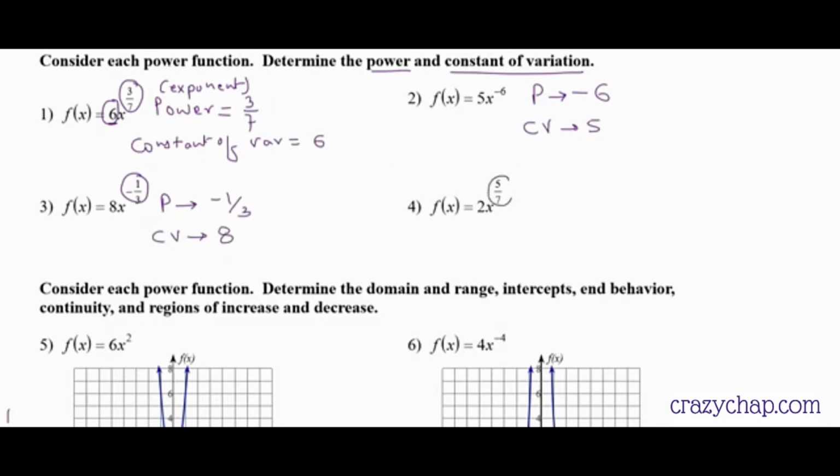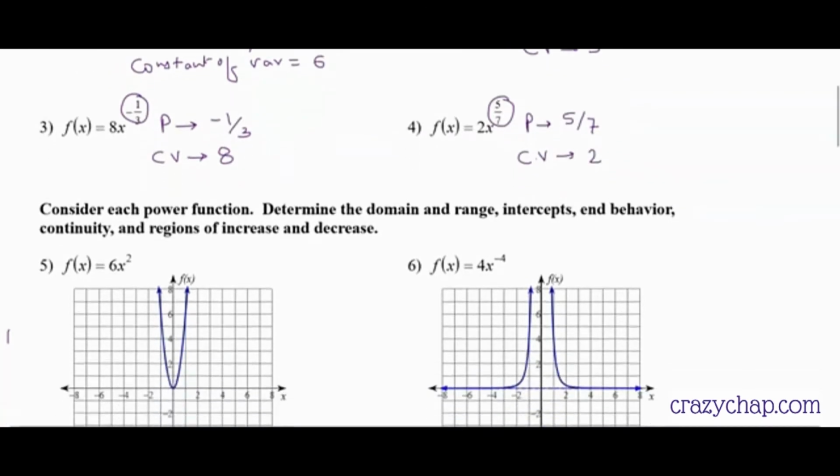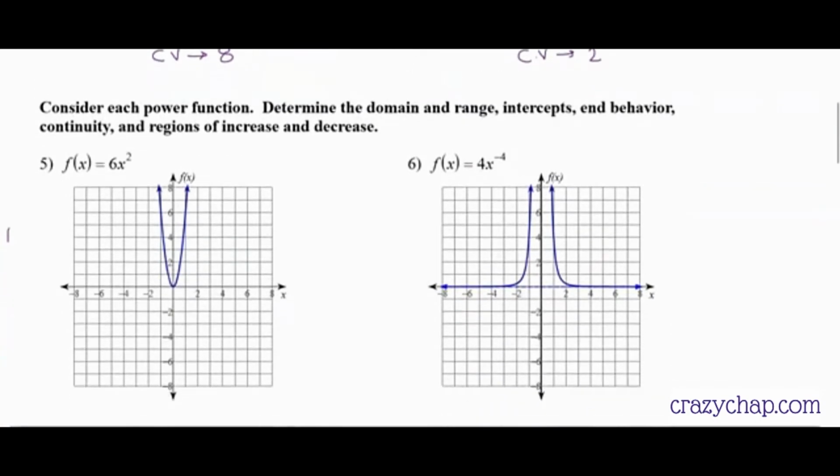In number 4, power is 5/7 and constant of variation is 2. Hope it is clear. Okay, let's move on.